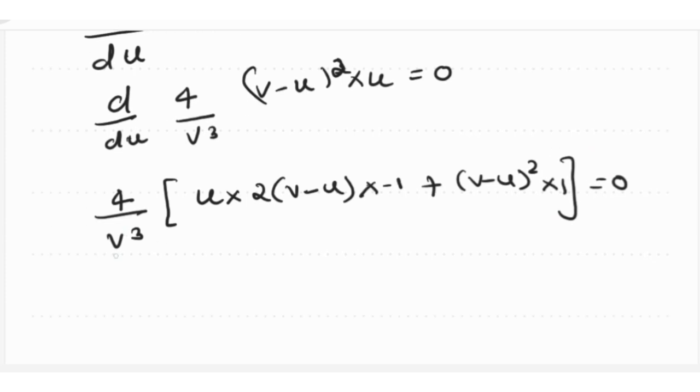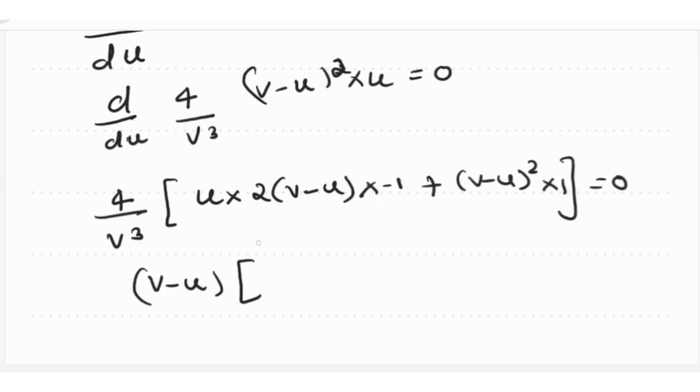So I will take 4 by v cube to the other side, that will be equal to 0. So if you solve it, you will get the answer like v minus u is common here.